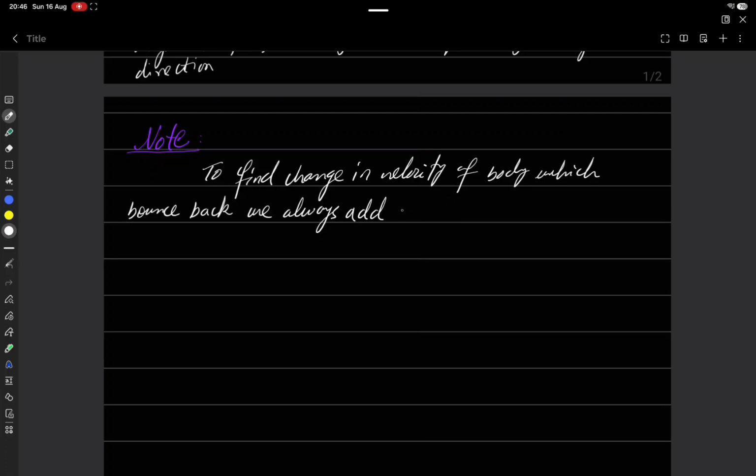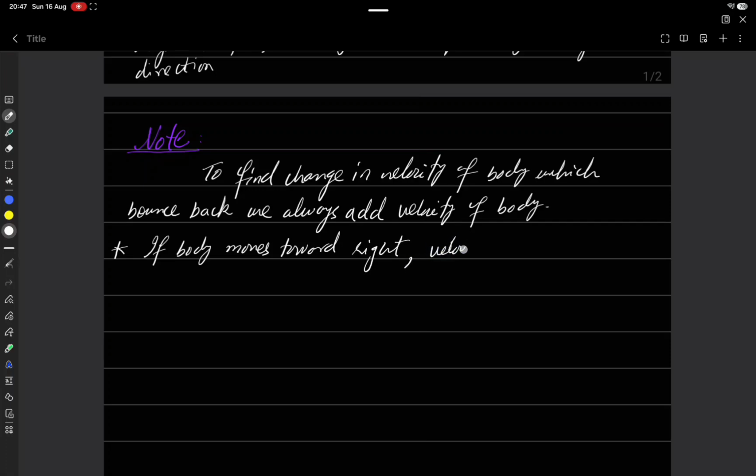We add the velocity of the body. If the body moves towards the right, velocity is positive.